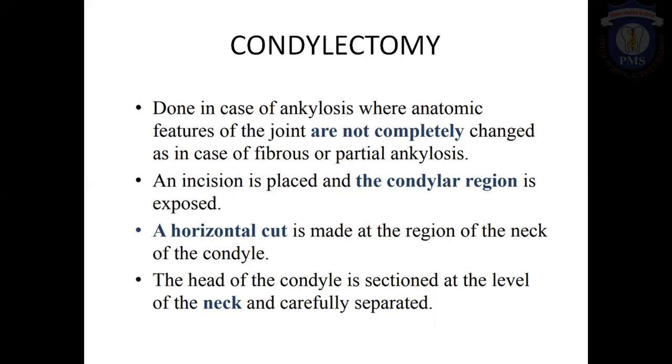For this condylectomy, an incision is placed and the condylar region is exposed. A horizontal cut is made at the region of the neck of the condyle. The head of the condyle is sectioned at the level of this neck and carefully separated.